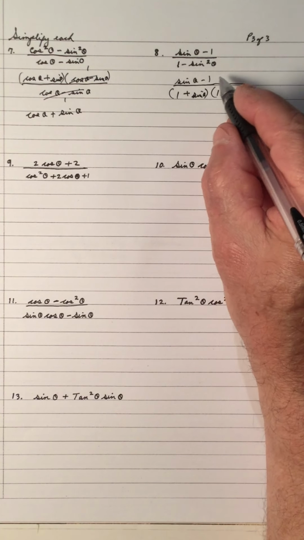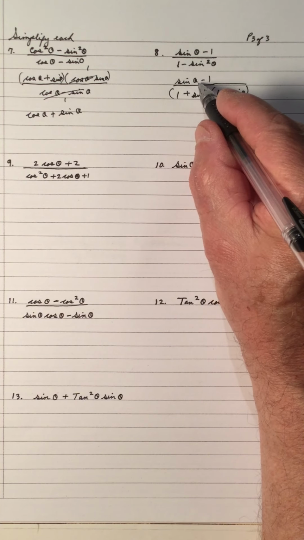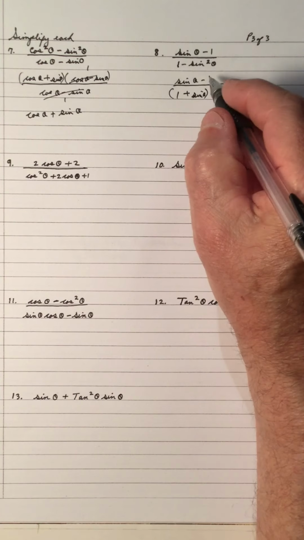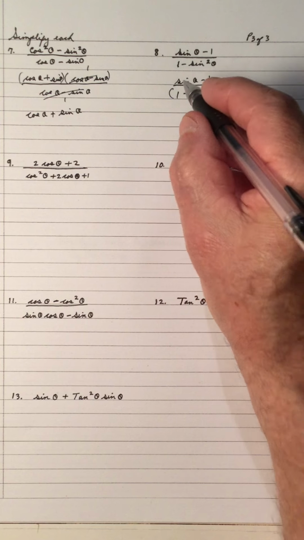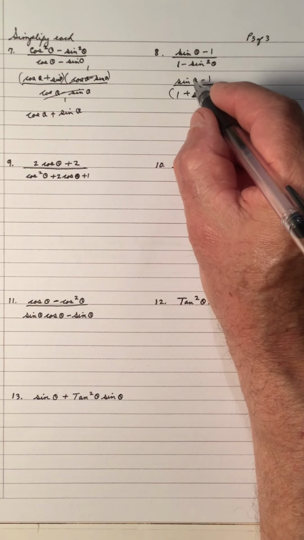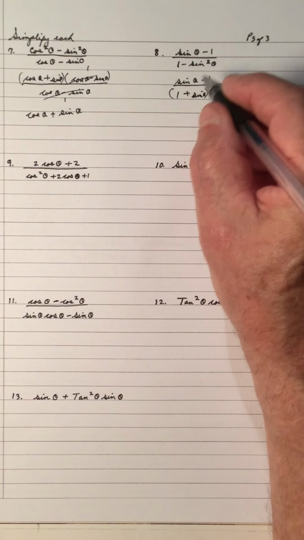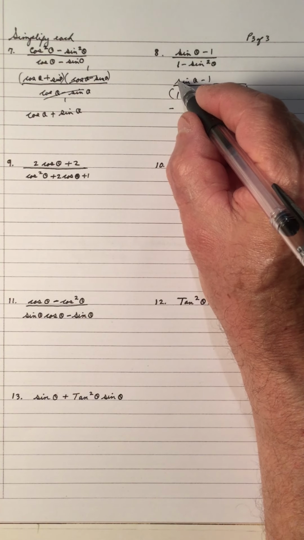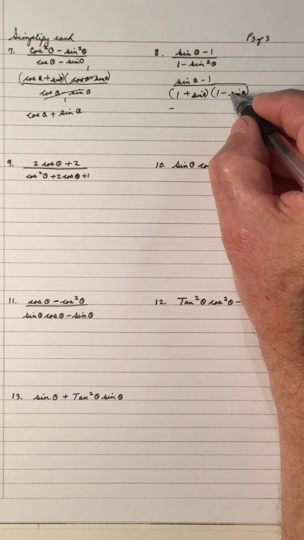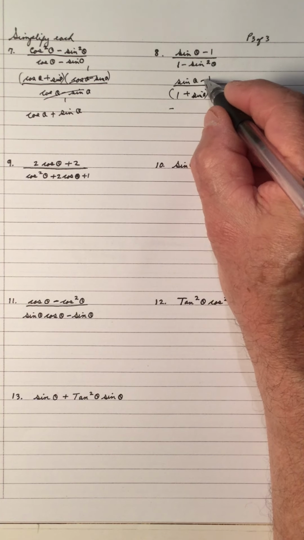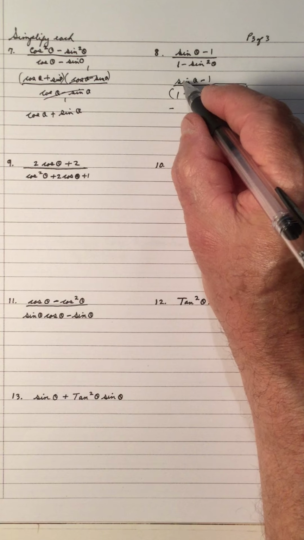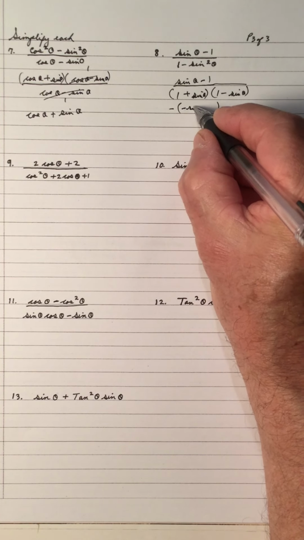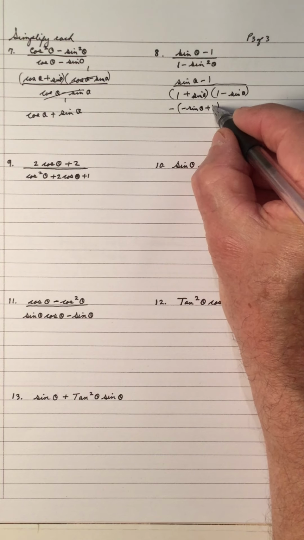There it is. And notice now that this is sine minus 1. This is 1 minus sine. So they're the reverse of each other. So if I reverse the order here, and if I take out a negative, because this is the negative, notice this is positive sine, this is the negative sine, this is negative 1, and this is positive 1. So if I take a negative out of this, it makes it a negative sine theta plus 1.